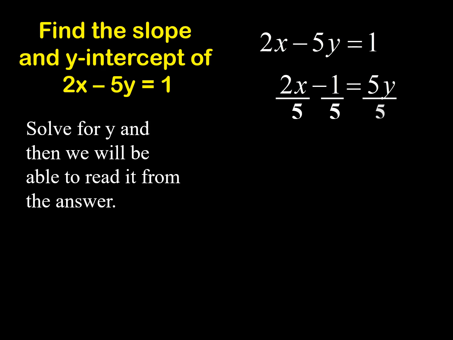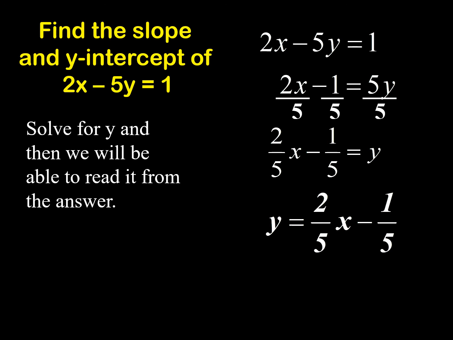Then we are going to divide it by the coefficient of your y, which is 5. So dividing both sides by 5. So we will be getting 2/5 x minus 1/5 is equal to y. We interchange, so y is equal to 2/5 x minus 1/5. From here, we can determine that the slope is equal to 2/5, and y-intercept is equal to -1/5.